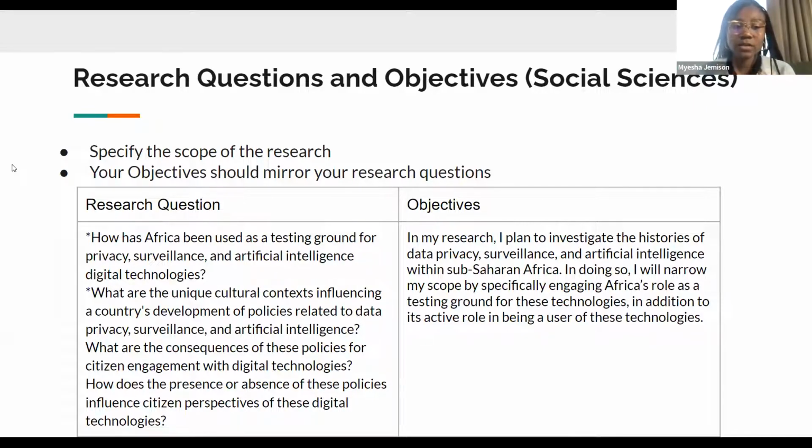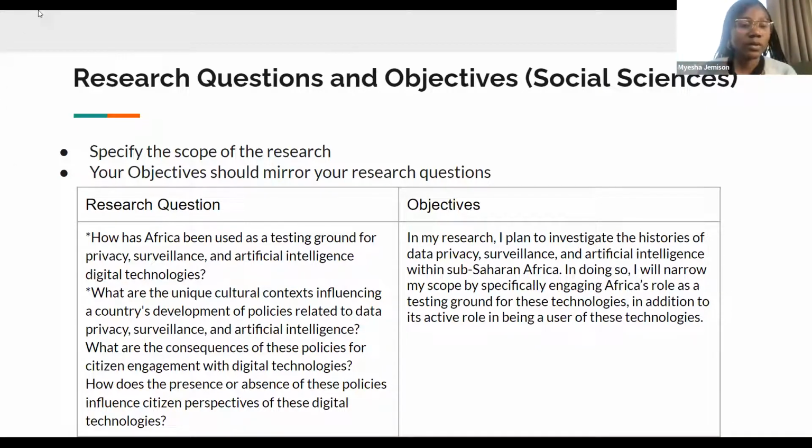You need to specify the scope of your research, but also whatever objectives you outline should be directly connected to your research questions. So if you outline a clear objective, your research questions should be the smaller steps or the smaller areas you should be considering in order to ultimately achieve that objective.